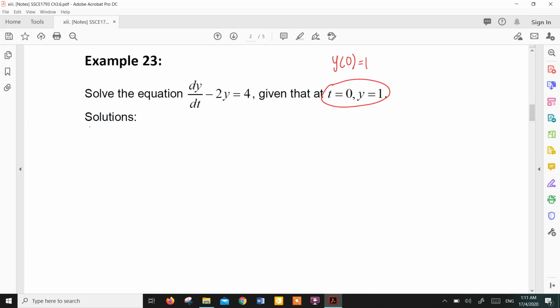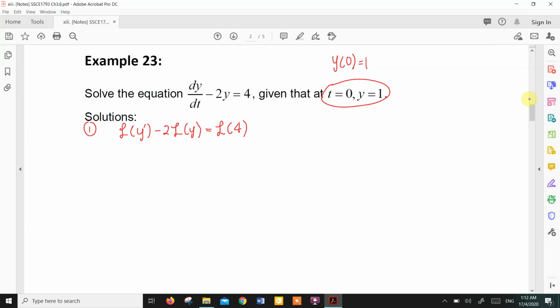For the first step, you rewrite this equation in Laplace form. Since dy/dt is y prime, this equals the Laplace of y' minus 2 times the Laplace of y equals the Laplace of 4.